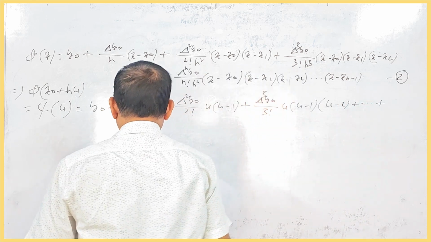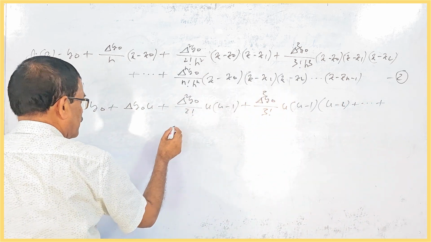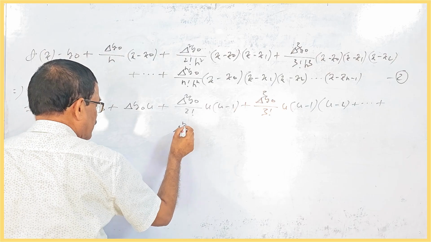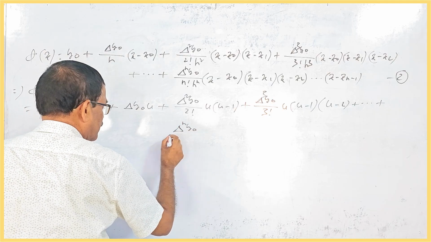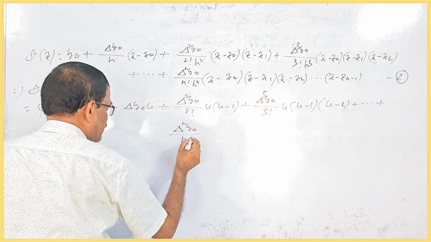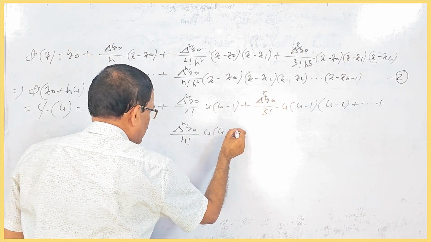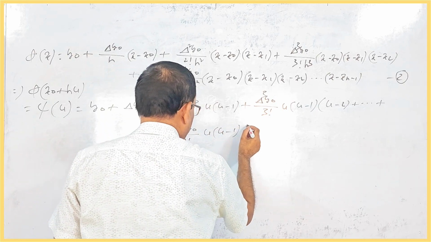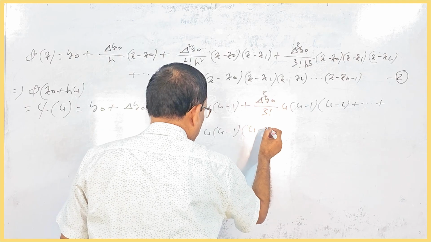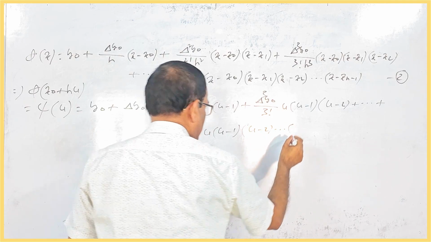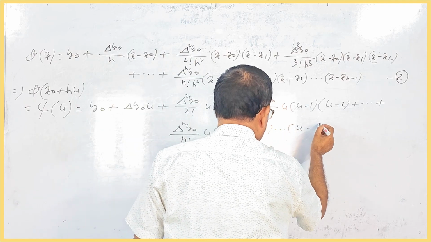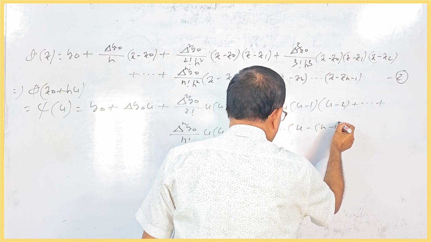And the last term is delta n y naught divided by n factorial times u, u minus 1, u minus 2, up to u minus n minus 1.